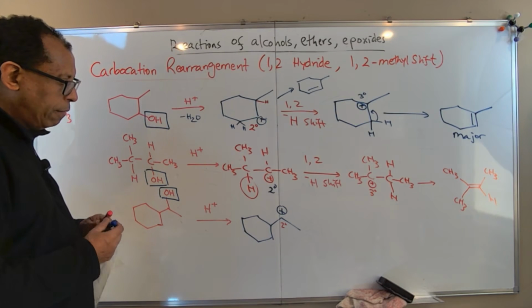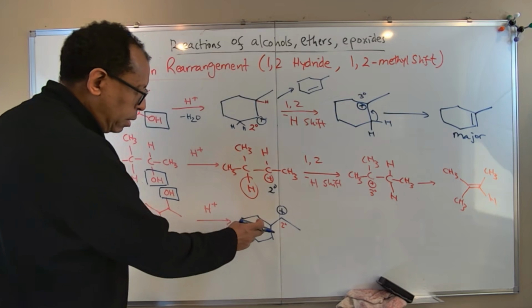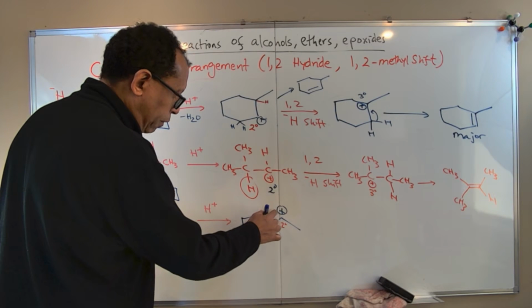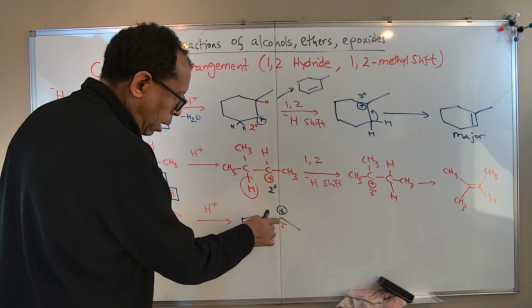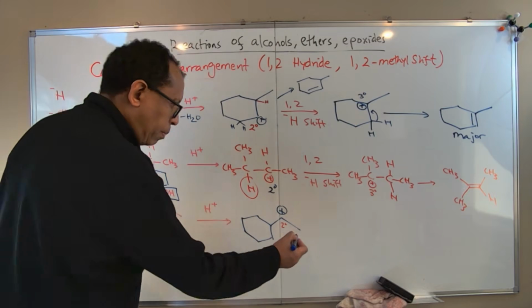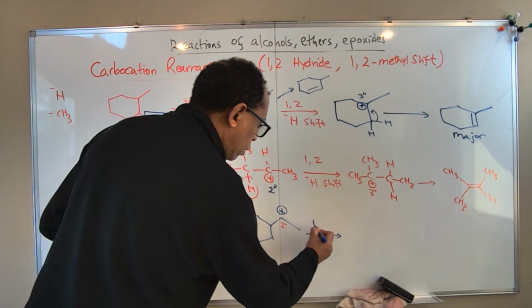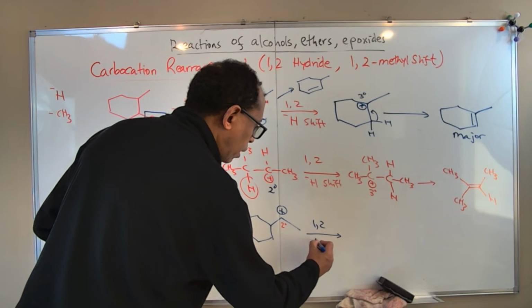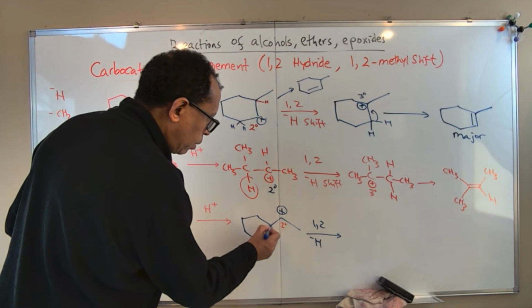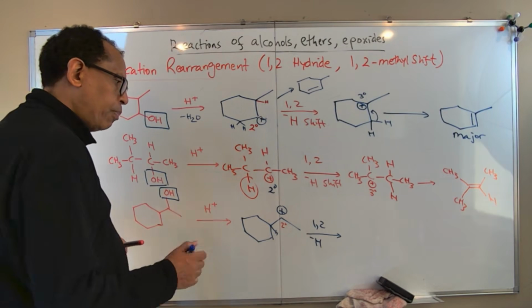Is there a possibility this can shift here and become a tertiary? Yes. So if I do a 1,2 hydride shift again, there is hydrogen here, don't forget that.